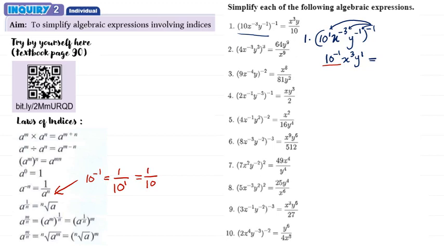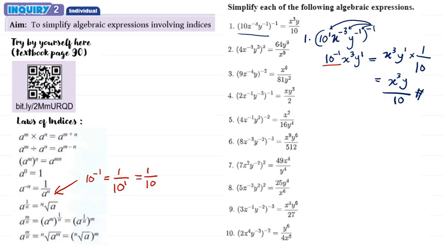When we solve it, it becomes x power of 3, y power of 1 times 1 over 10. Or the answer is x power of 3, y. We don't have to write the index with the power of 1, so we just leave it as the base only. So x cubed y over 10. So this is the answer for question number 1.